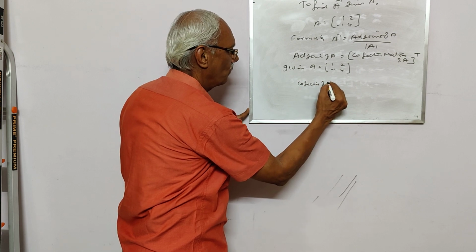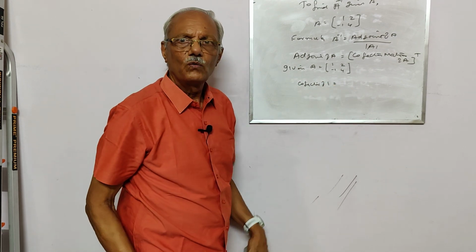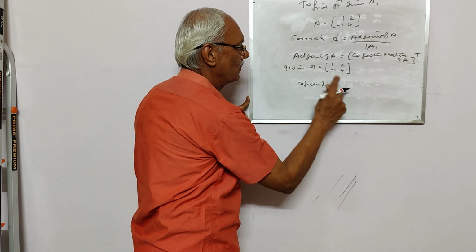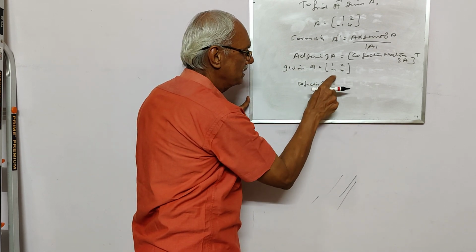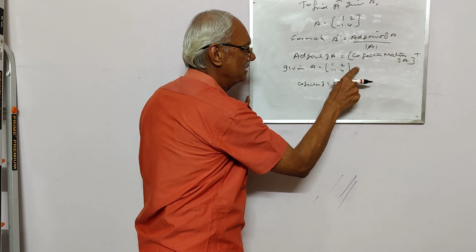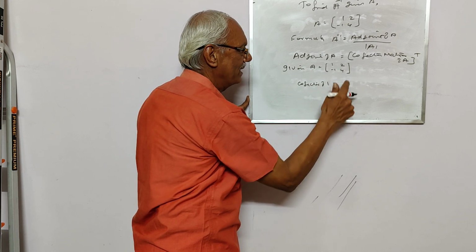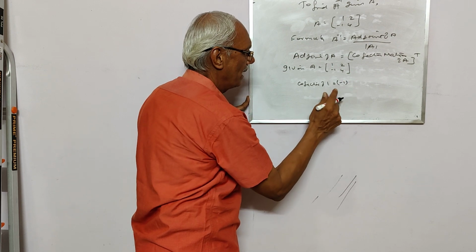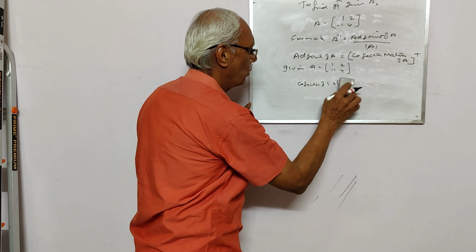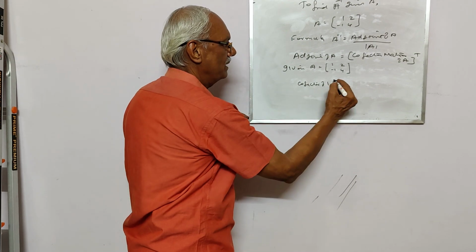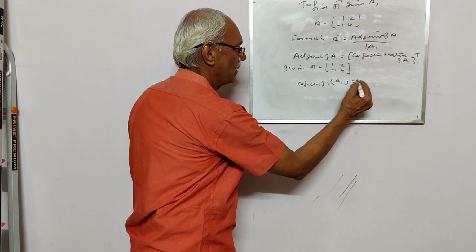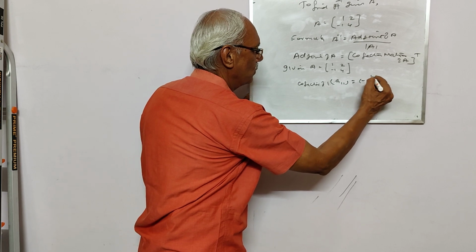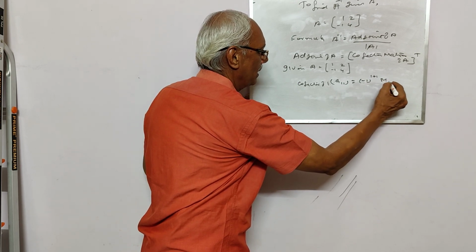The cofactor of 1 is: suppress this column, suppress this row, write the minor. The formula is minus 1 to the power of 1 times M11, since that element is A11.